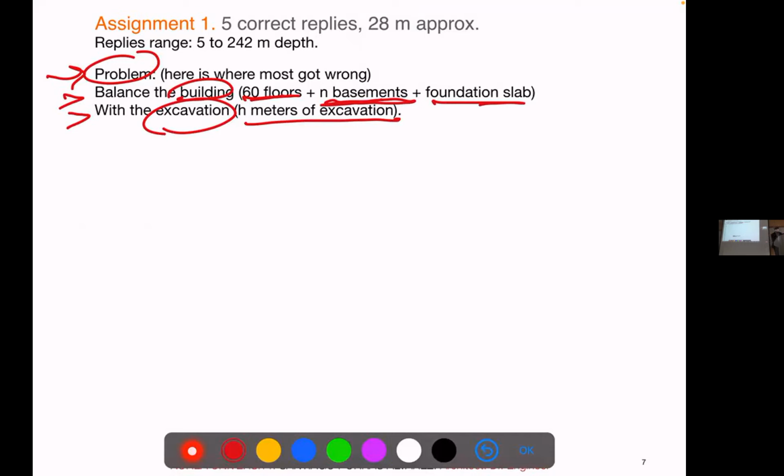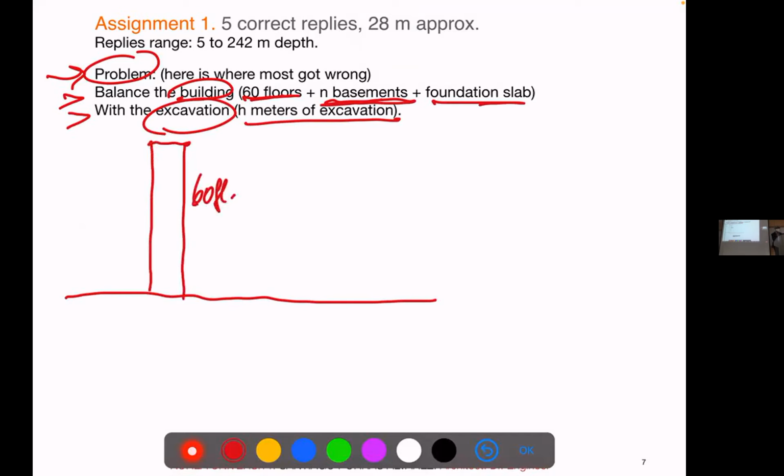So we have the ground, we have the tower. We know this is 60 floors, there's no mystery, so this weight is well known. Then we have the excavation, which is the unknown H. This includes the foundation, which we know is 2 meters, so the basement floors are H minus 2 meters, I think.